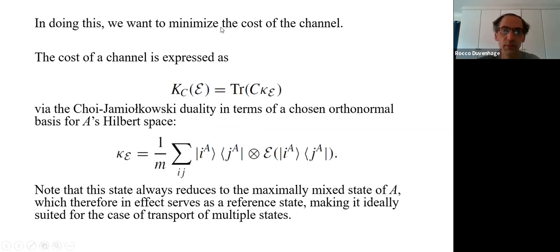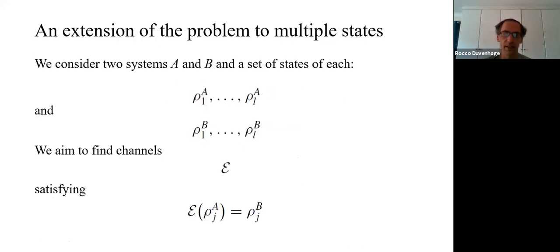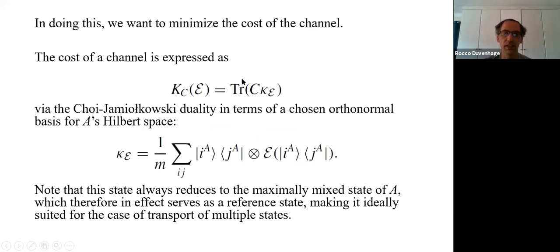And we want to minimize the cost of the channel. Again, the cost is expressed like this via the Choi-Jamiołkowski duality. So I have my channel E. It has to satisfy these conditions, but at the same time, it has to minimize this cost.